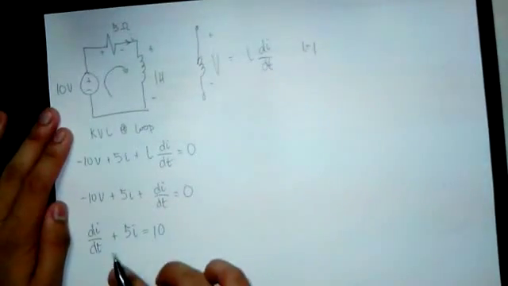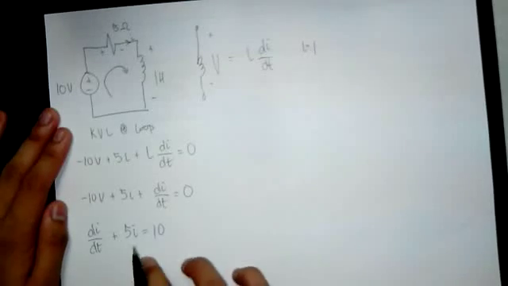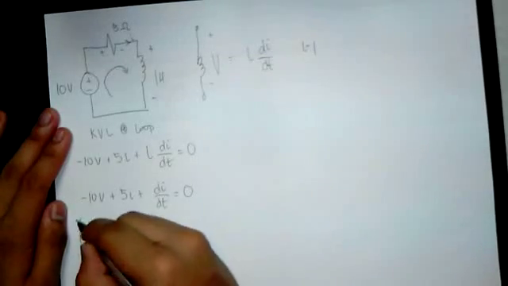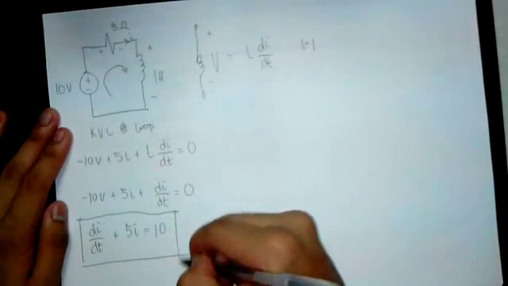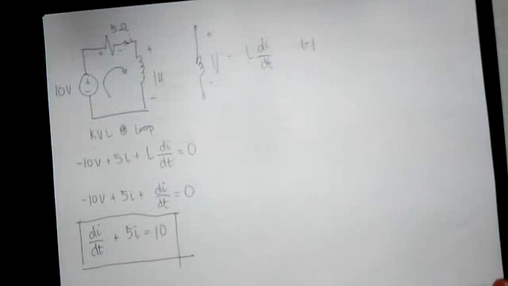Notice that it is a differential equation. It is a linear differential equation. And we know that if it is a linear differential equation, we need to find its integrating factor.